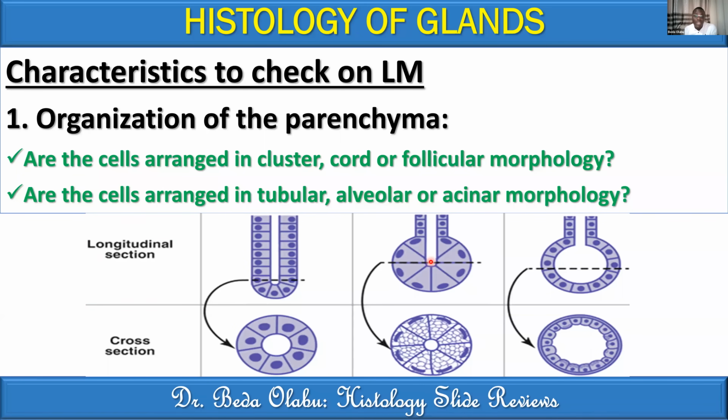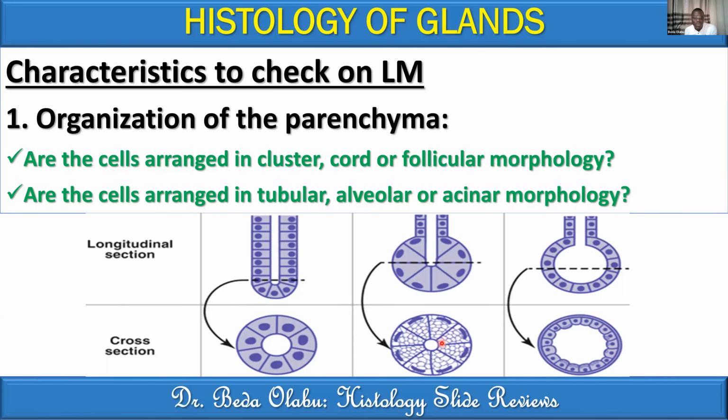Sometimes that lumen is not even visible. It's obliterated. So this is acinar morphology. That's how it looks on cross-section. And importantly, how you pick the acinar cells is that the nuclei of the acinar cells are still usually basal, as you can see in that illustration.